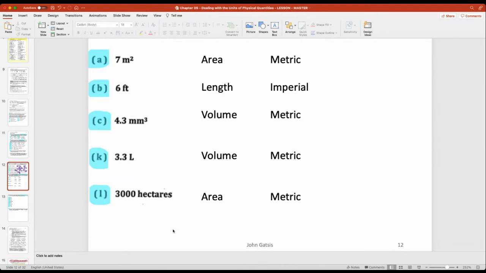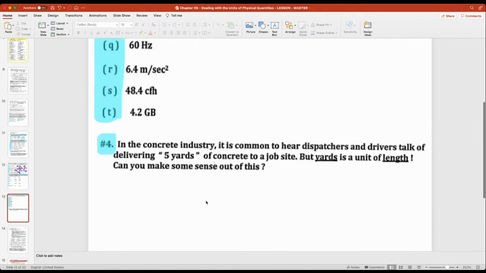Hectares represent a certain amount of square meters. I believe it's 10,000 square meters. I don't use hectares often in my work because in aerospace, for example, things are not that big. So anyway, let's see some more questions on the next page that I've already highlighted.